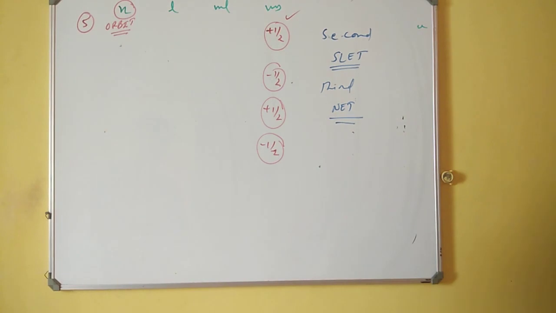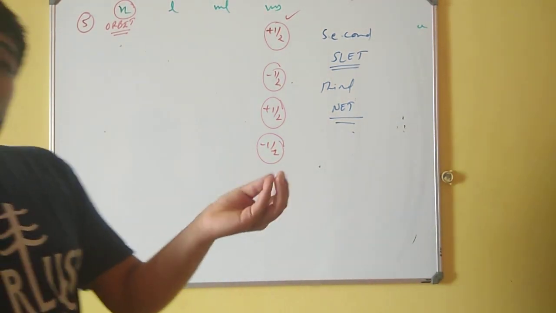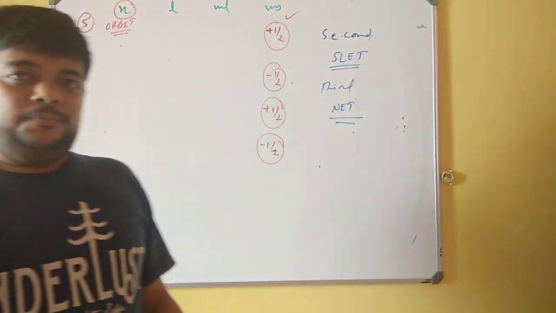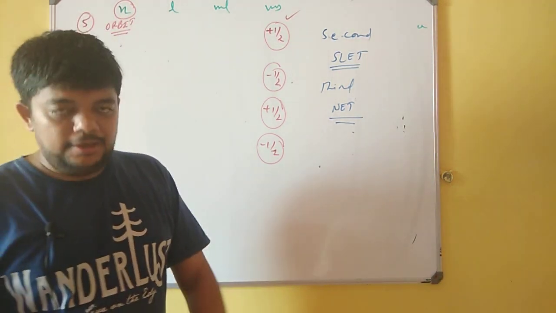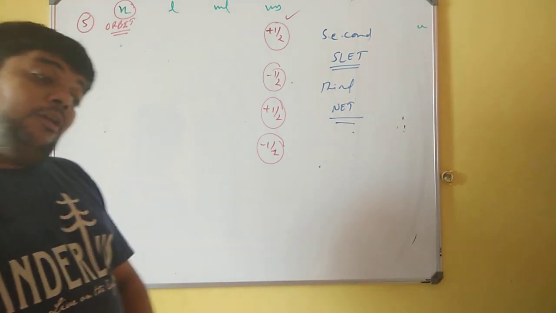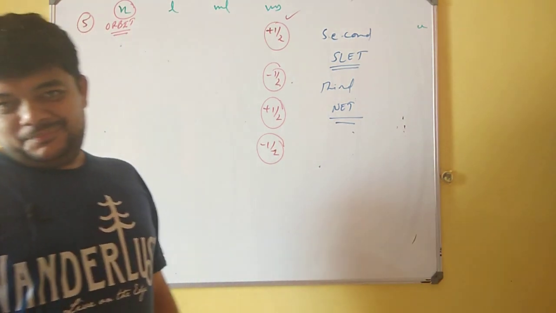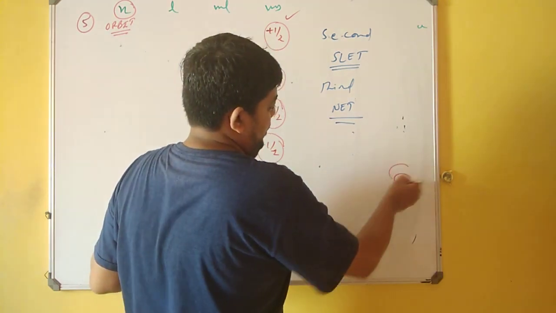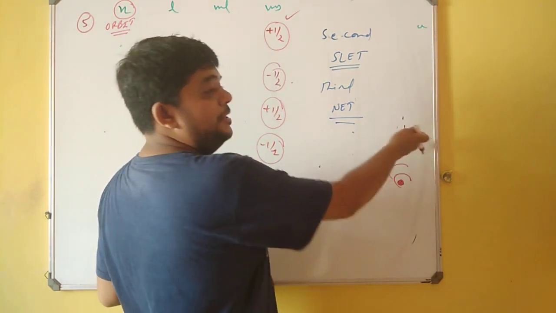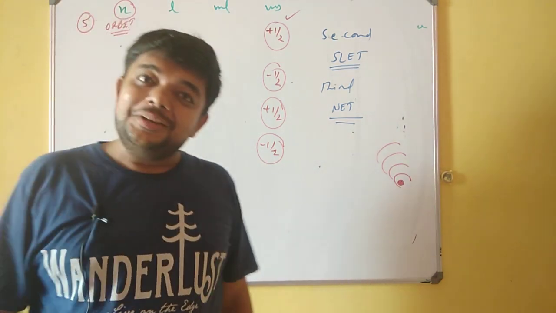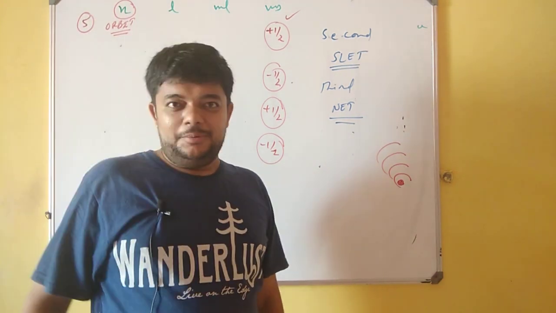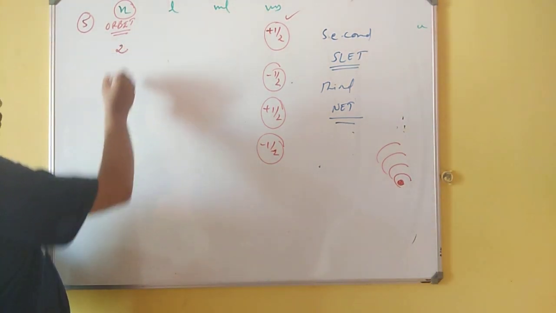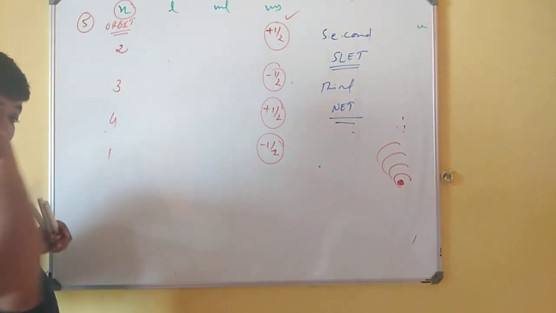But I am always trying to correlate orbit with this principal quantum number because, apart from the things that are written in the book, N always starts from 1 and an orbit always starts from 1. 1, 2, 3, first orbit, second orbit. We never say 0th orbit. We always say first orbit. So N is equal to 1. So over here it is 2, 3, 4 and 1.